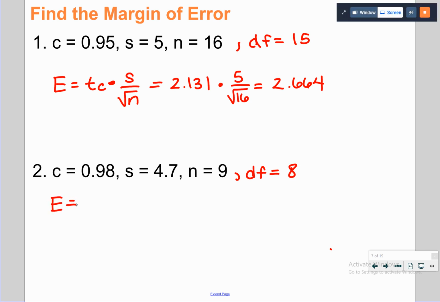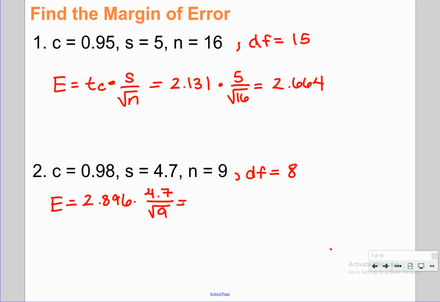These are quick and easy little problems. 98%, degrees of freedom 8, takes me to 2.896 times 4.7 over the square root of 9. We get 4.537 margin of error.